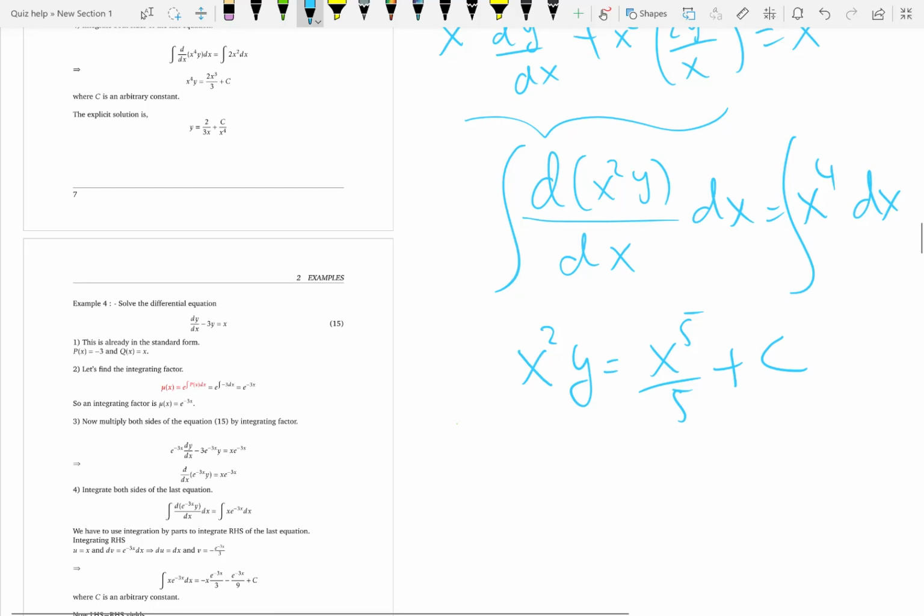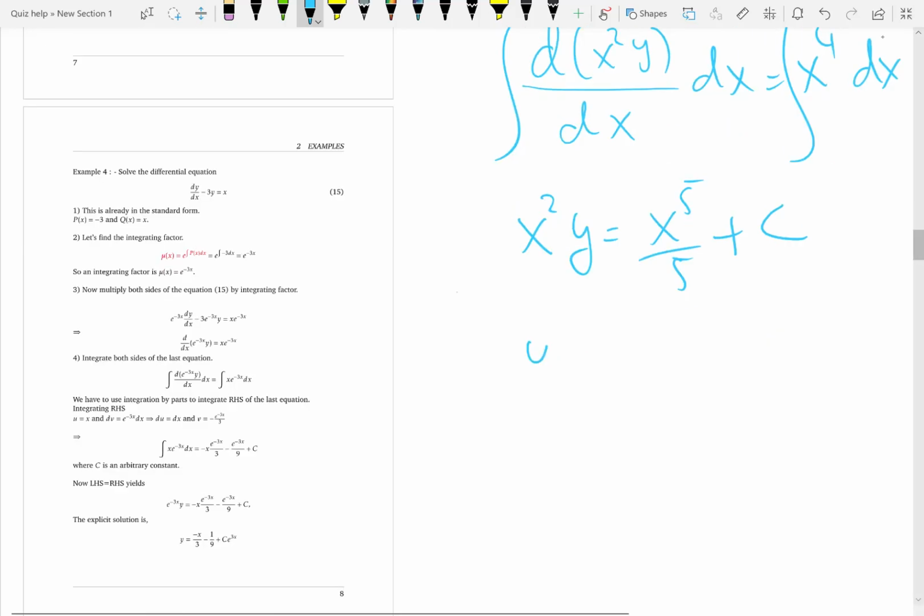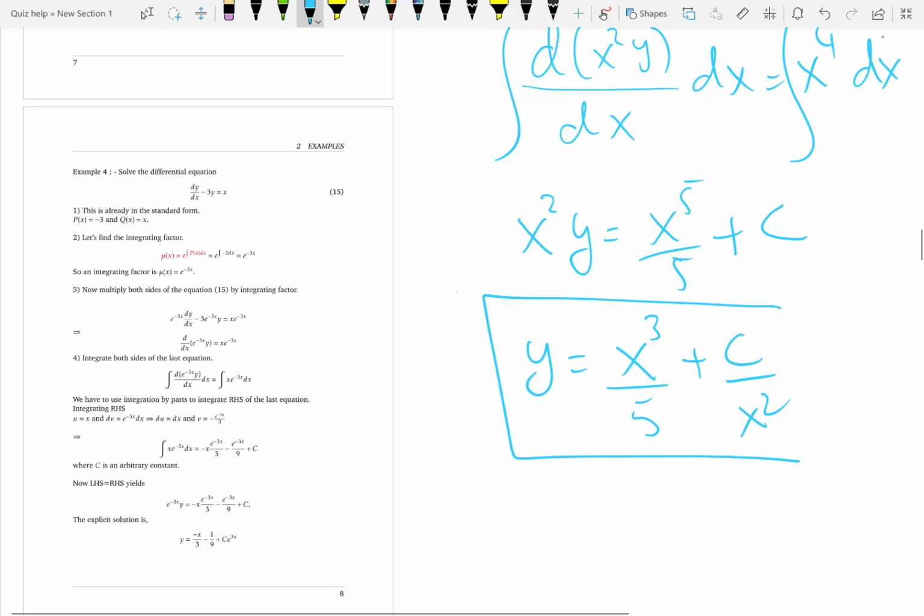Well, we can divide the whole thing by x squared because we want the explicit solution. So y is x to the 5 over x squared, which is x cubed, plus c over x squared. Now this is my explicit solution for the differential equation in example 2.